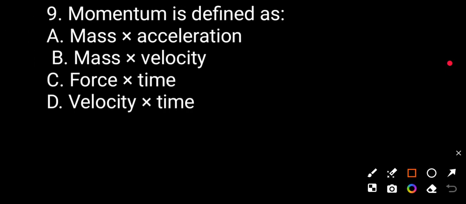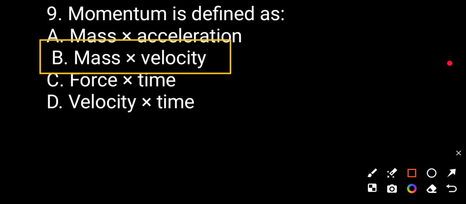Question number 9. Momentum is defined as option A, mass into acceleration; option B, mass into velocity; force into time; velocity into time. Correct answer will be B, mass into velocity.